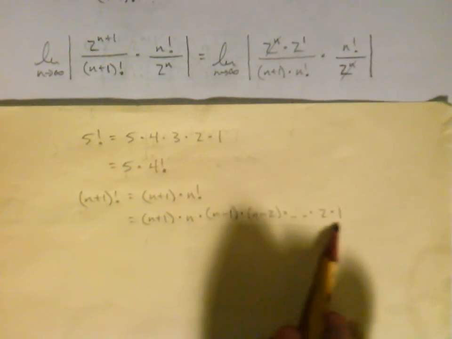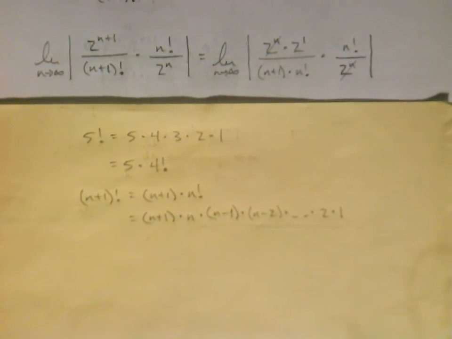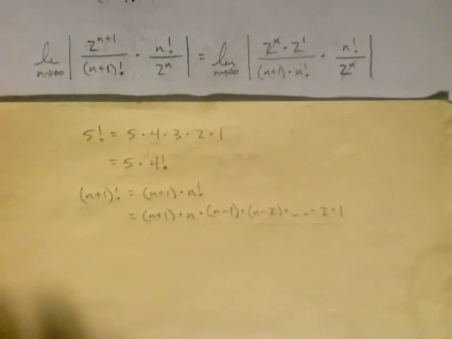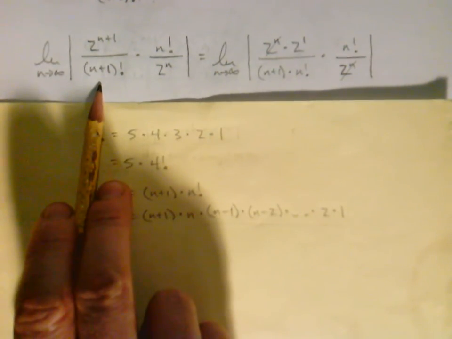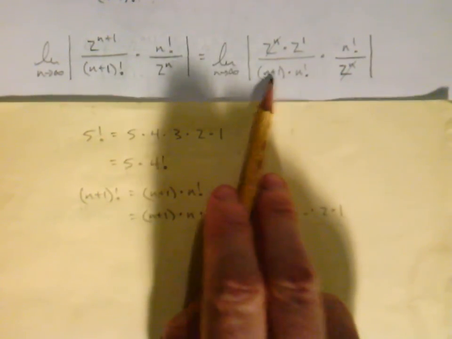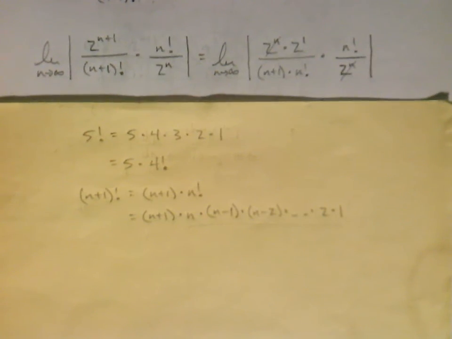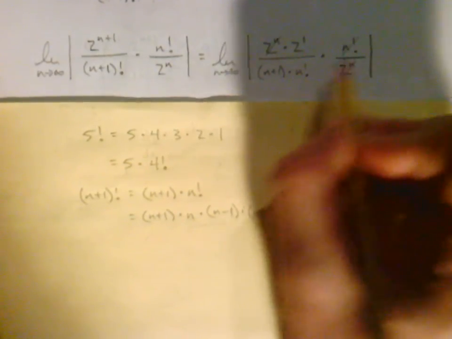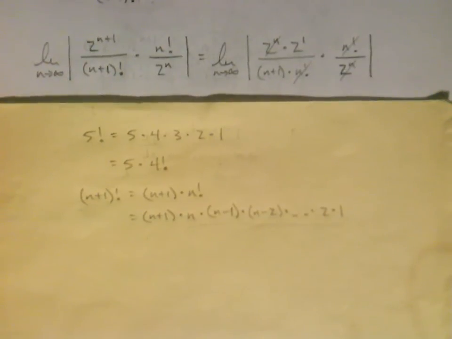Well, isn't all of that n factorial? And yeah, kind of same idea. So n plus 1 factorial is n plus 1 times n factorial. And what happens there? The n factorials cancel out. Boom.